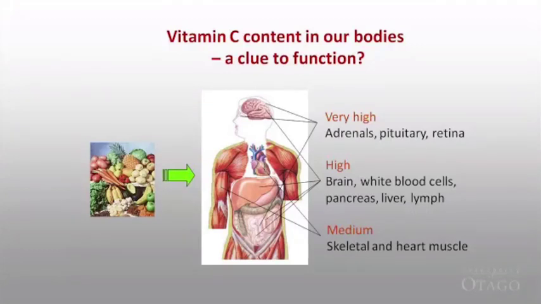The thought is that the level your body accumulates it at is indicative of how essential it is to that organ. For example, it's really high in the adrenals, pituitary and retina. It's also high in the brain, white blood cells, pancreas, liver, lymph, and the lowest body stores are in skeletal and heart muscle.